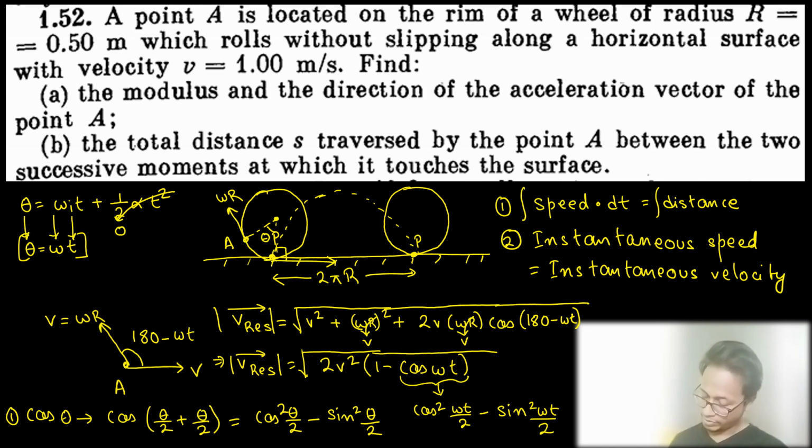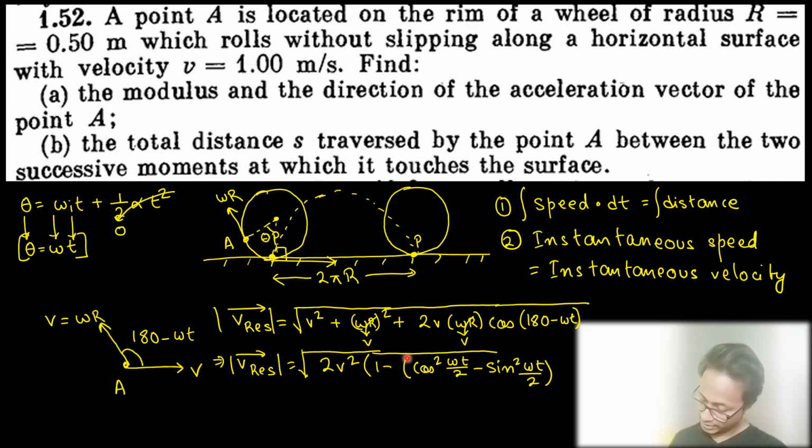So I'm substituting this entire thing, cos square omega t by 2 and sine square omega t by 2, out here into the bracket.